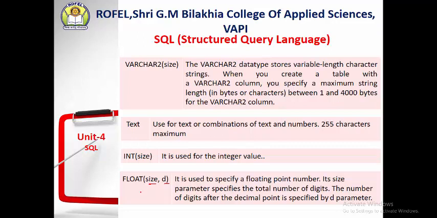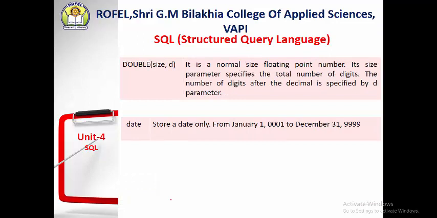So we have to write float like 10, 2. So it will contain the data like 35.00, like this. So this is the float data type.